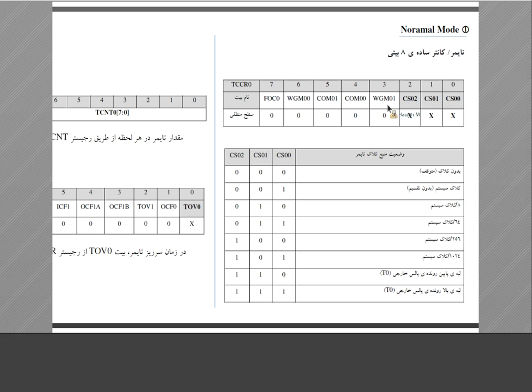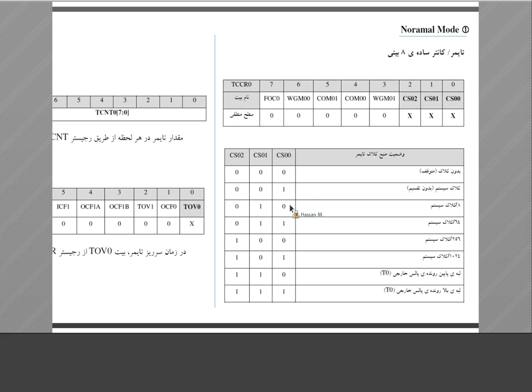These 3 bits are shown with their tasks in this table. 0, 0, 0 means the timer is stopped, no counting. 1 means system clock. For example, if your clock frequency is 1 megahertz, your speed is 1 megahertz, so each time interval is 1 microsecond.